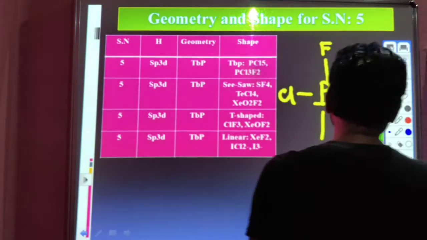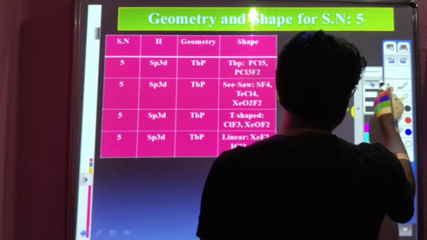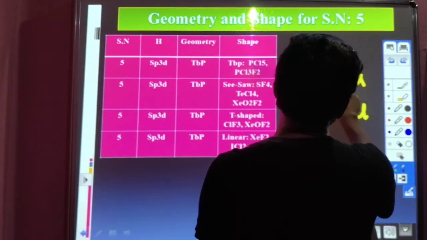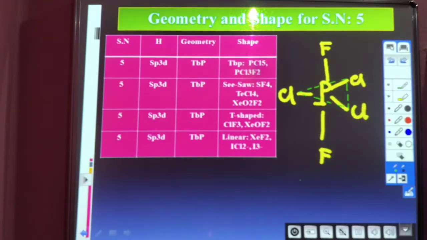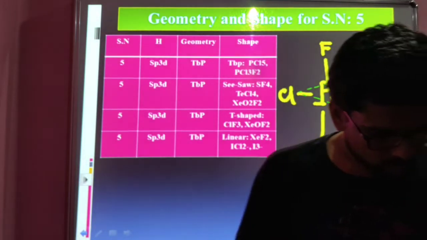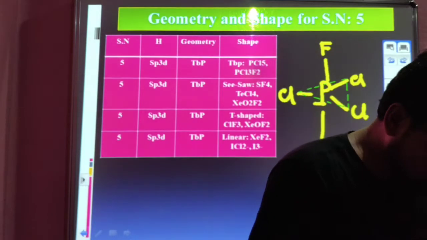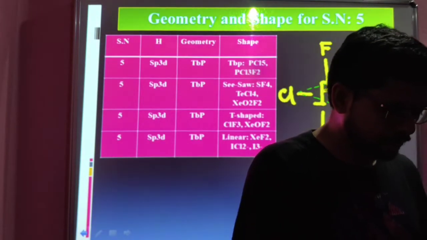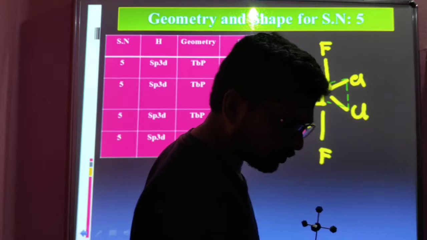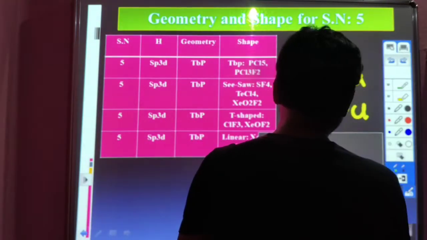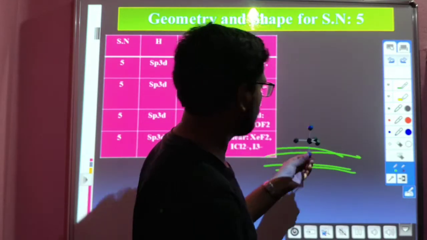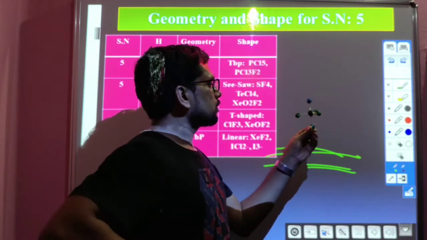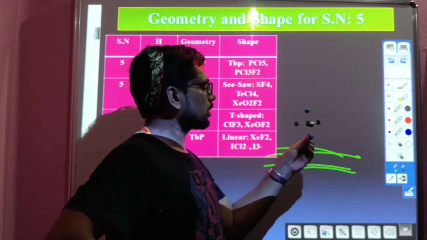Okay. I will show you the structure. This is very important. I will show you the structure and angles also. Okay. This is PCl3F2. To know the shape of PCl3F2, look at here. See, this is the structure, the shape.